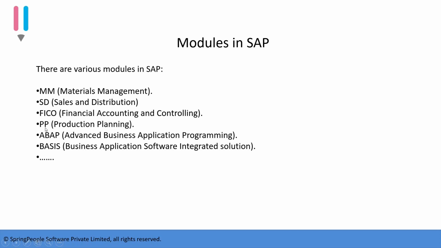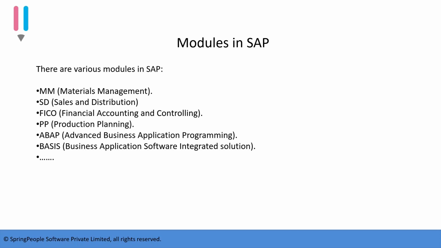Here I have mentioned only 6. The reason is, after a few minutes I'll tell you. These first four are called functional modules. What do you mean by functional module? The modules which are directly related to the business. Business departments are called functional modules.